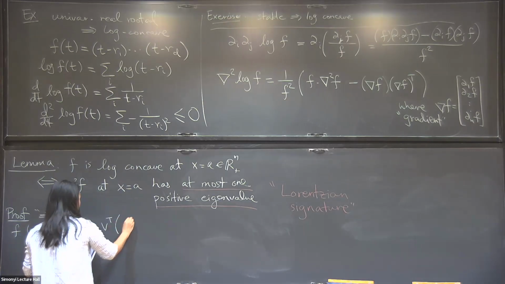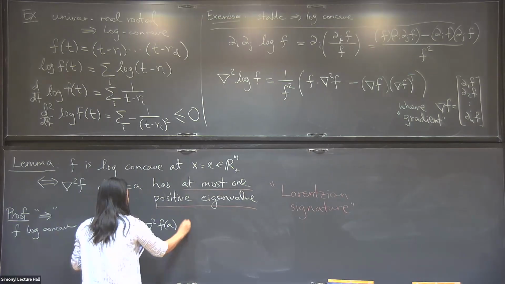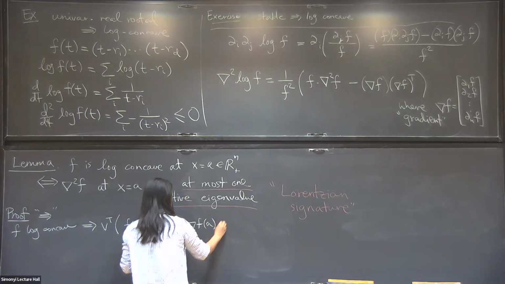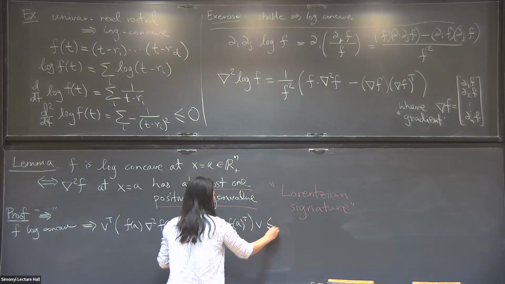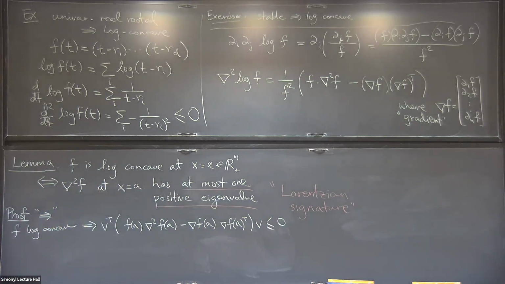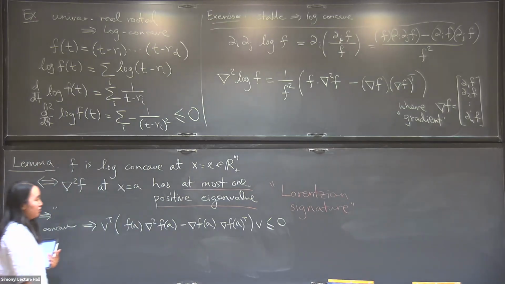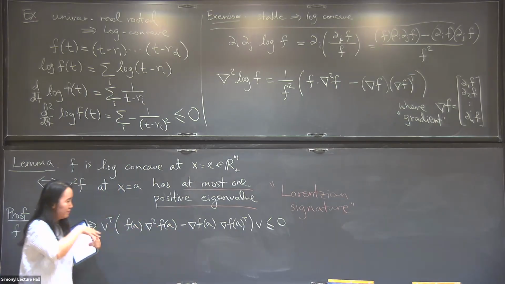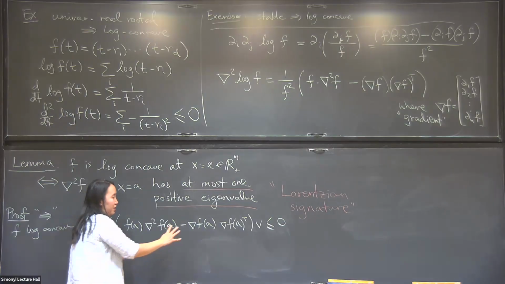That means that if I write down this whole thing, plug in x equal a, this is negative. And maybe another way to think about this is, this thing is negative semi-definite.